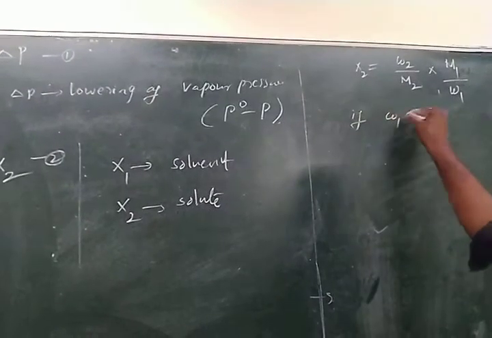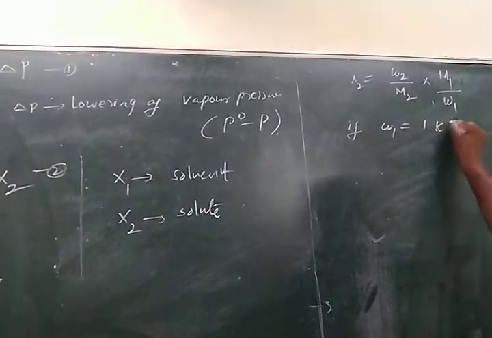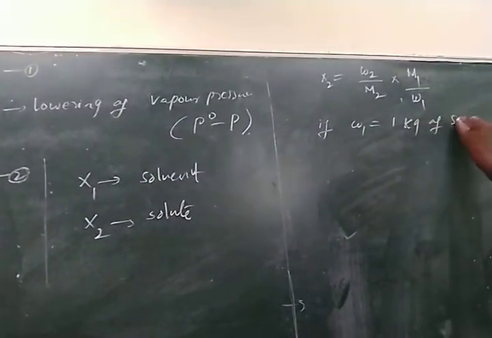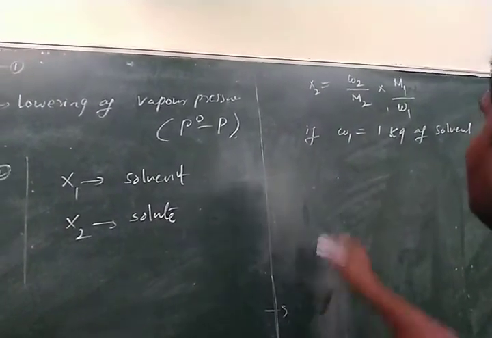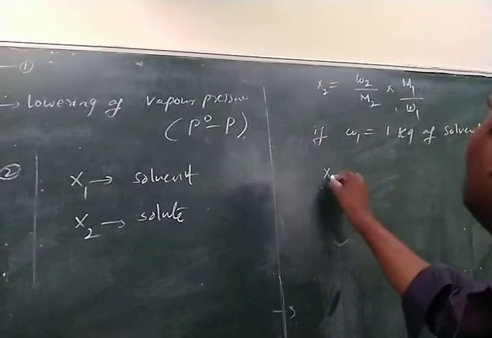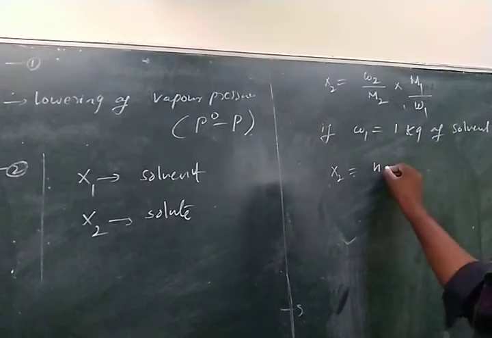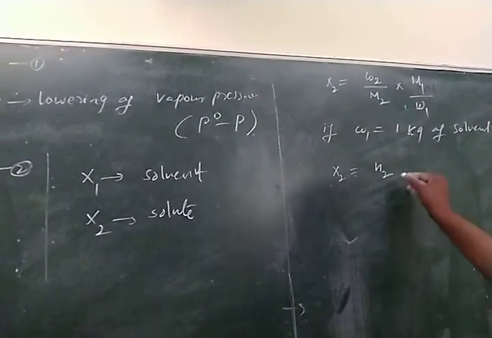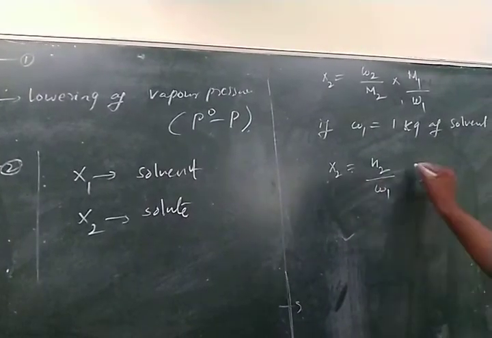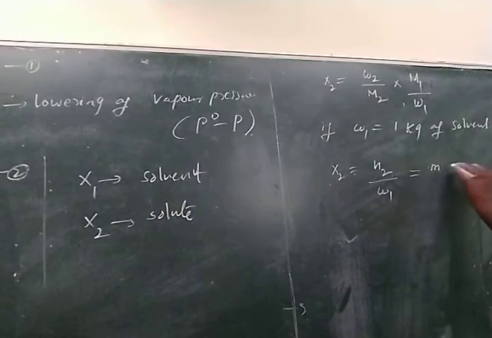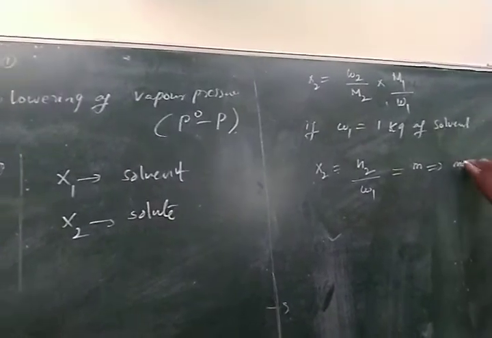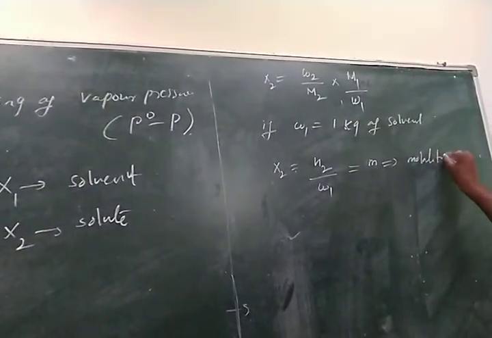If W1 is 1 kilogram of solvent, then x2 equals N2 by W1, and this term is equal to molality.